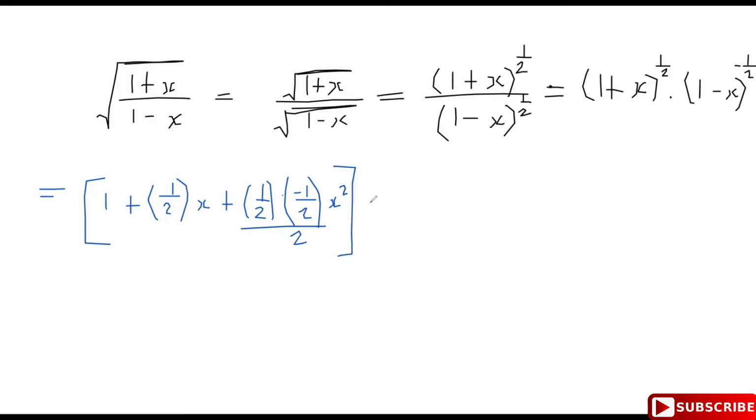And that is being multiplied by the expansion of this other part. It's going to be 1 plus nx, but in this case n is minus a half. So that is 1 plus minus a half times x, plus n times n minus 1, which is minus a half times minus 3 over 2.